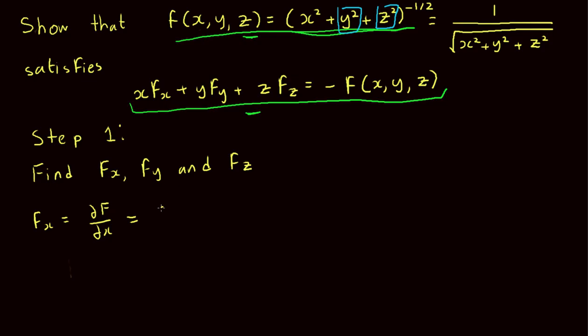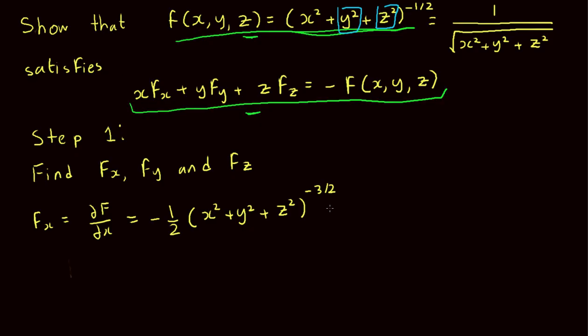We're going to differentiate del f del x. First of all, bring the negative half down. It becomes x squared plus y squared plus z squared to the power of negative half minus 1, so it should be negative 3 over 2.